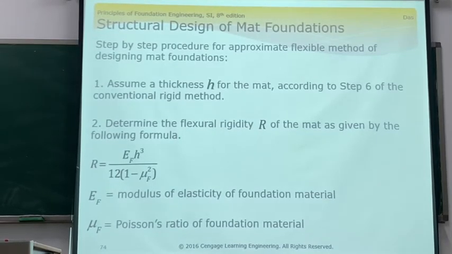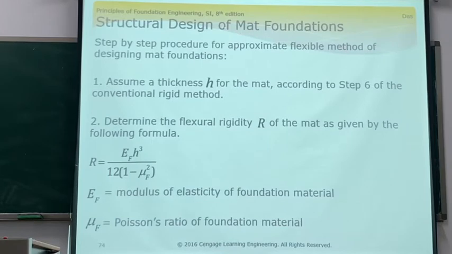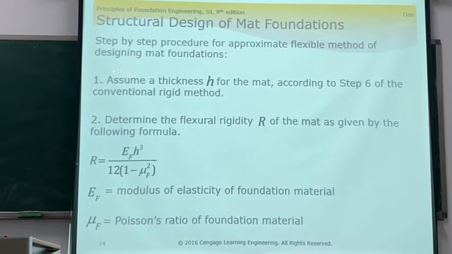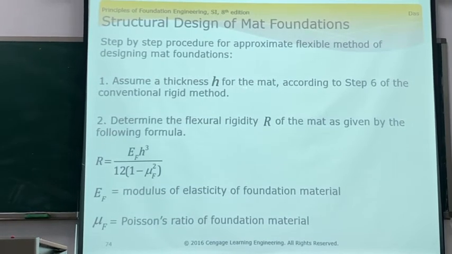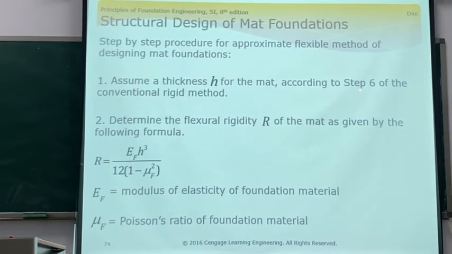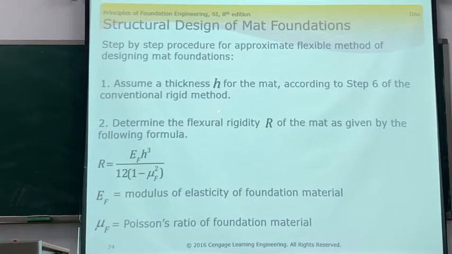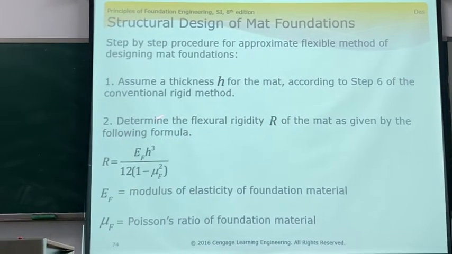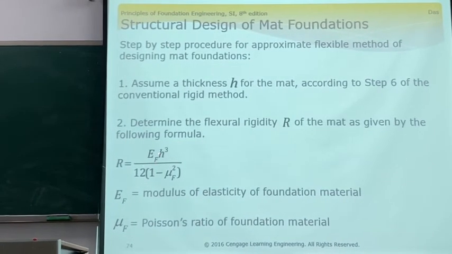So how to design the flexible method of the mat foundation? Step 1 is to assume a thickness h for the mat. Step 2 is according to step 6 of the conventional rigid foundation. Then we can determine the flexural rigidity using this equation.